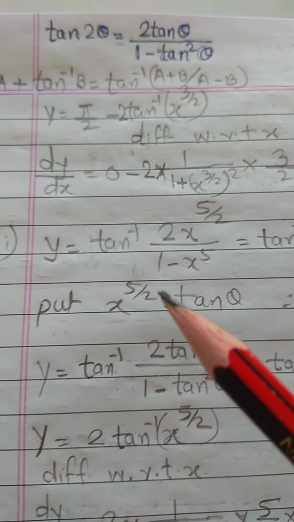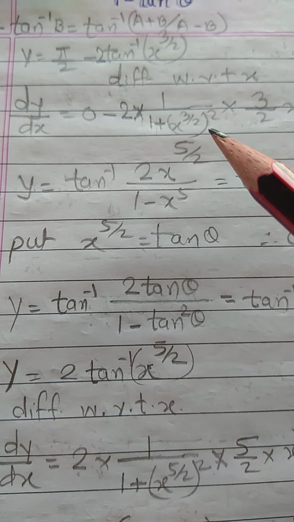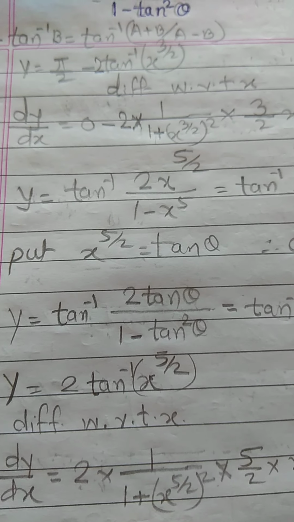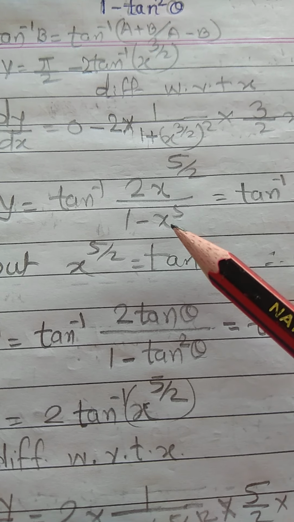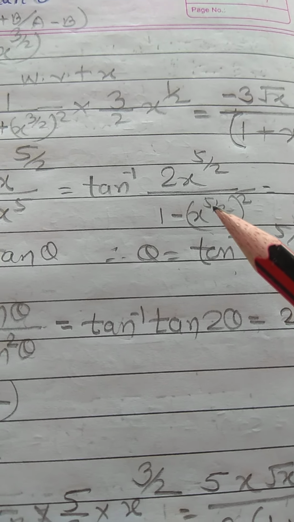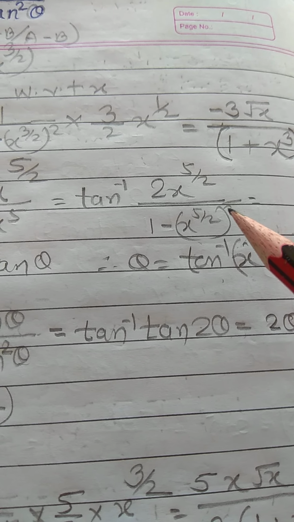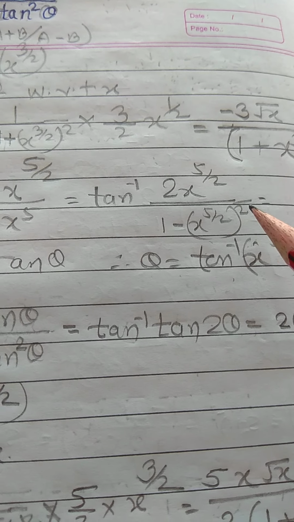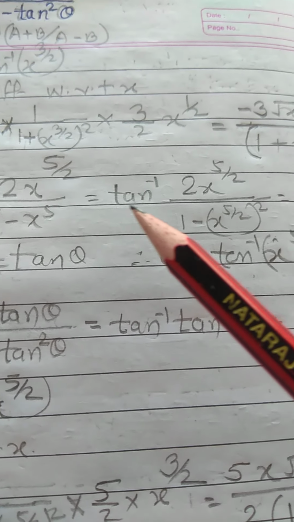Next question, Roman 11: y equal to tan inverse of 2x raised to 5 by 2 upon 1 minus x raised to 5. We can write this x raised to 5 as (x raised to 5 by 2) bracket square, because for x raised to 5 by 2 raised to 2, power raised to power, we multiply the powers: 5 by 2 into 2 gives you 5 again.